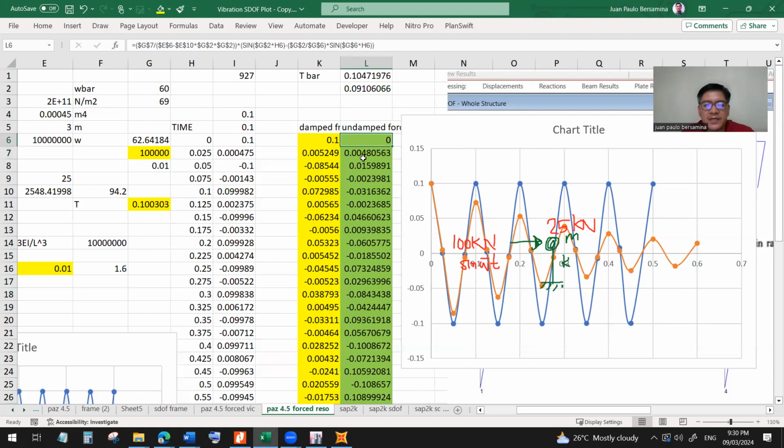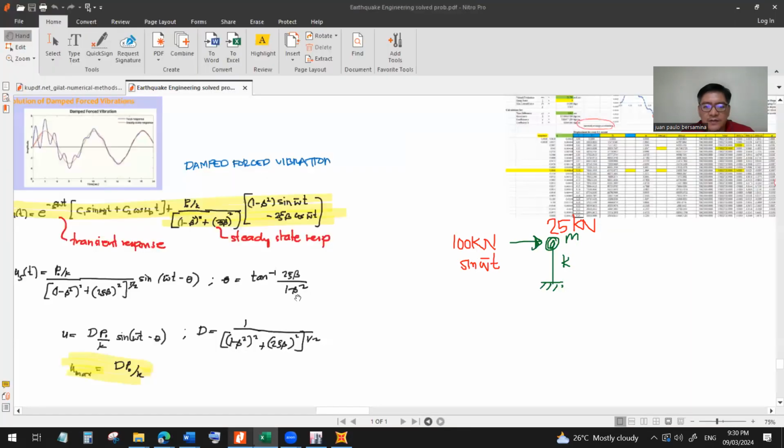So, undamped forced vibration. Yan, kita nyo?